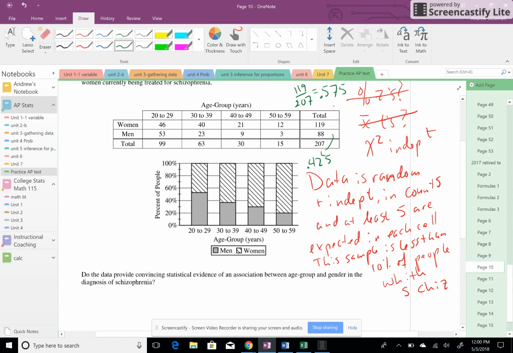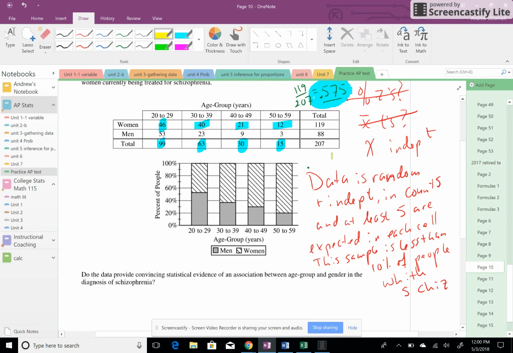So take these and find the expected values. So you'd be finding 57% of 15, 57% of 30, 57% of 63, write it here. 57% of the 99, write it here.